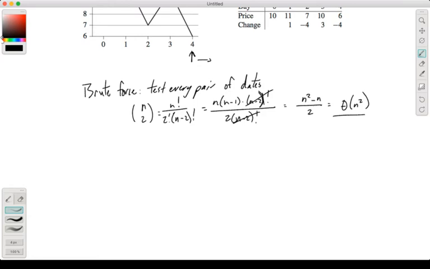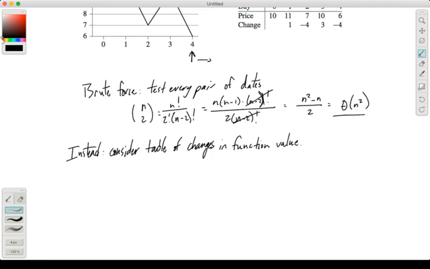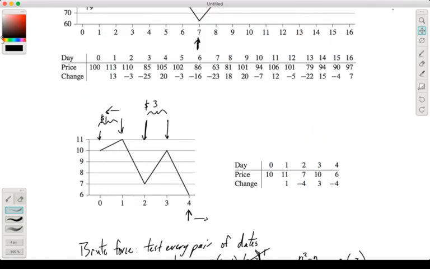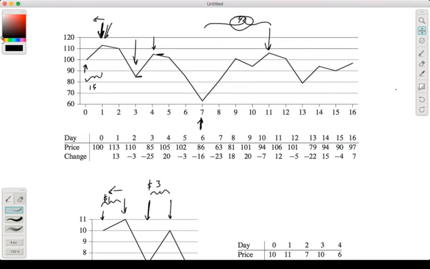Instead of looking at the actual values, we want to consider the table of changes in function value. Now let's scroll up and look at our original chart.